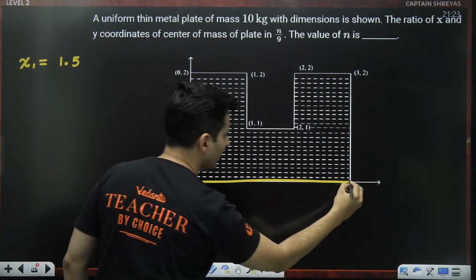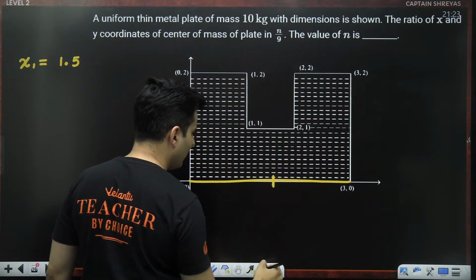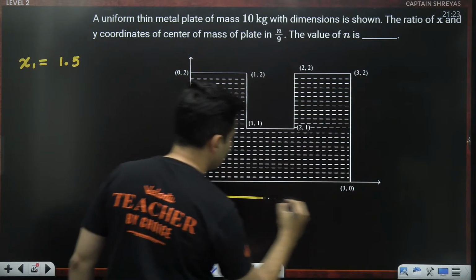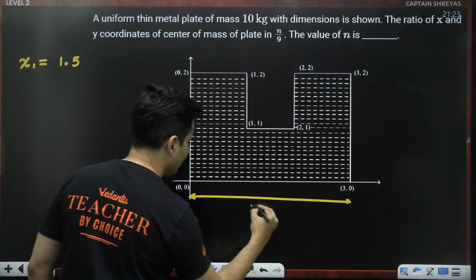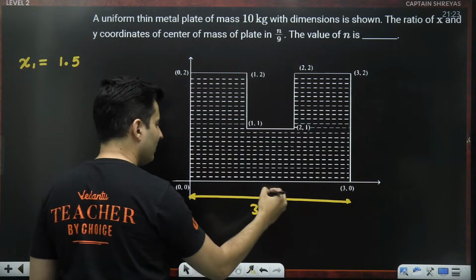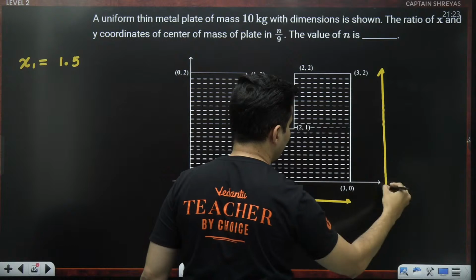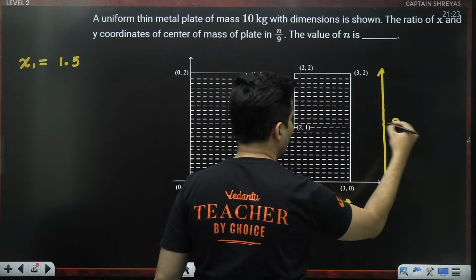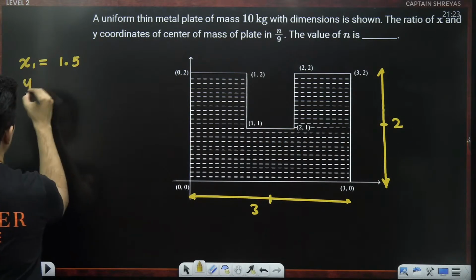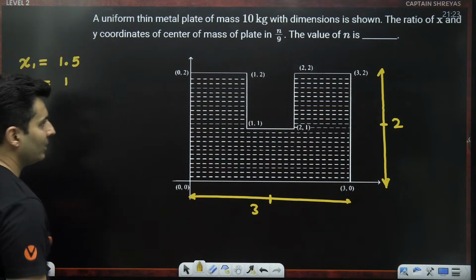This is 3 units, half of this is 1.5. This whole thing is clearly mentioned as 2 units, half of that is basically 1 unit.